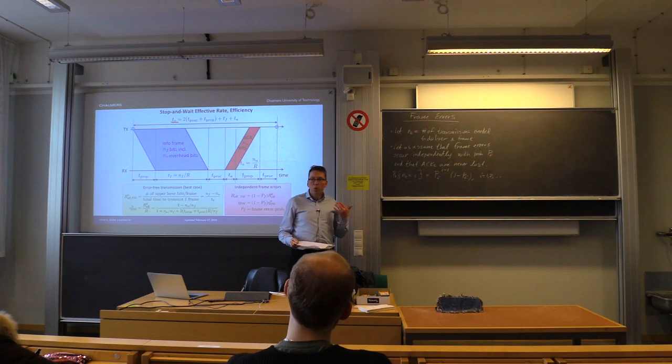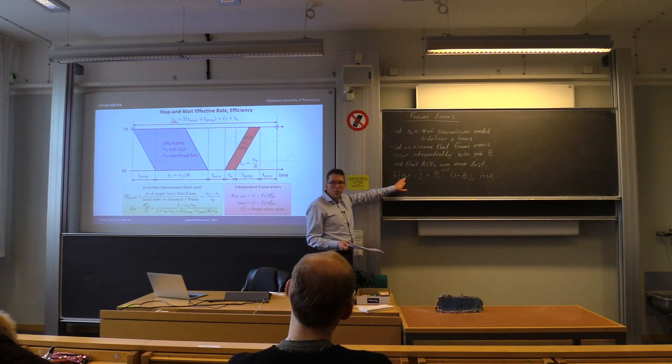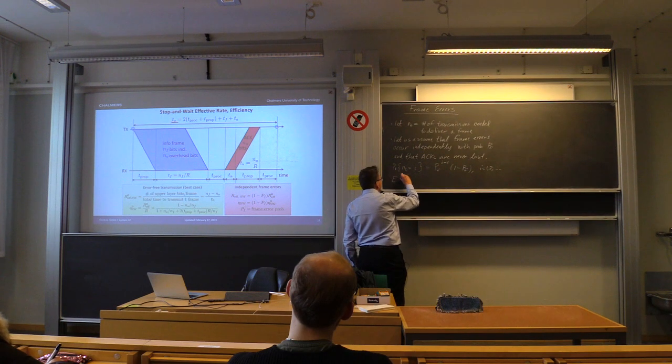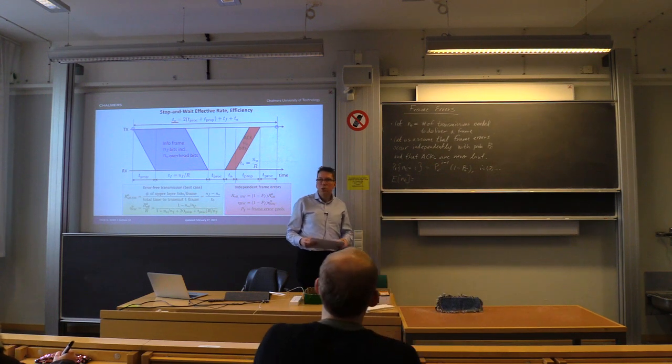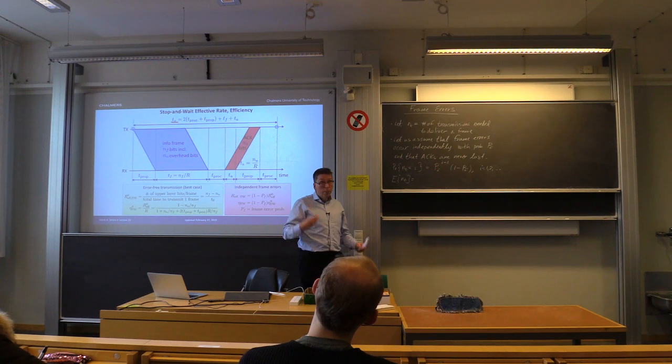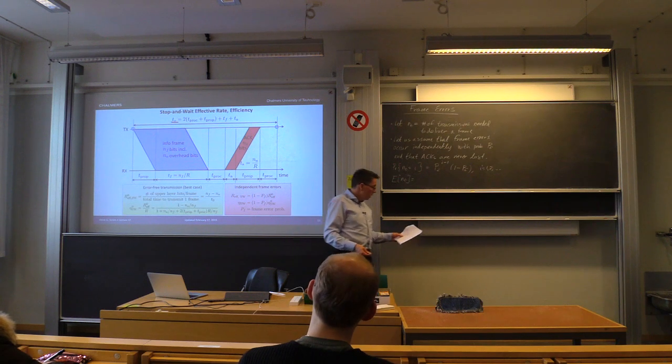Okay, so now we know the probability mass distribution for this random variable nt. It would be different from time to time, but we know now its distribution. If we're interested in the expected value of nt, this is the expected number of transmissions we need to do before the frame is delivered correctly.